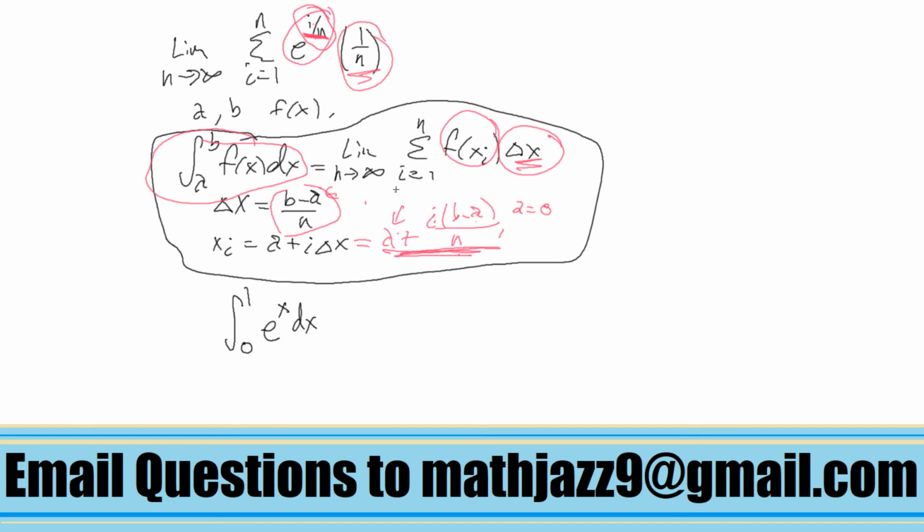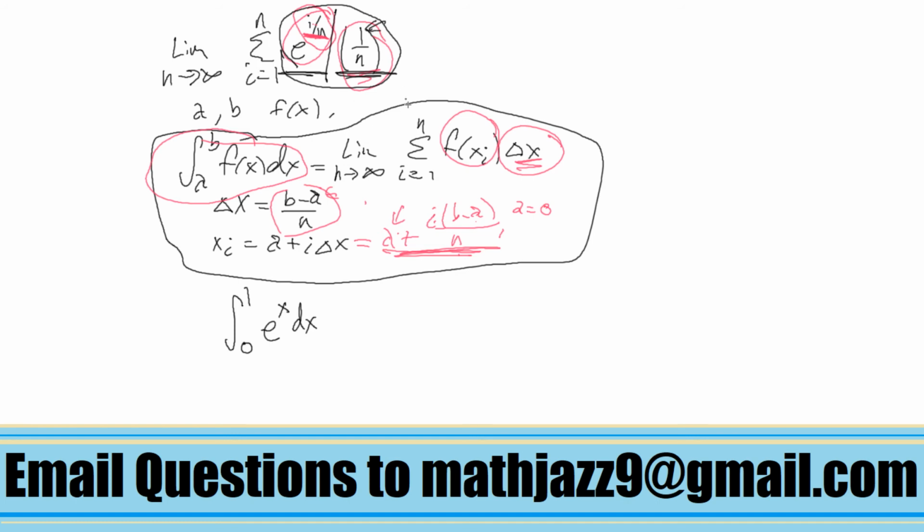Okay? It's a little messy, but basically, the first thing to do is you want to try and split whatever is inside the summand, or the summation, into a function and a constant over n.